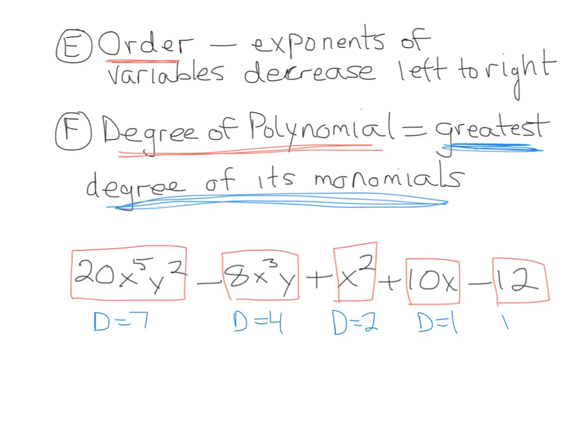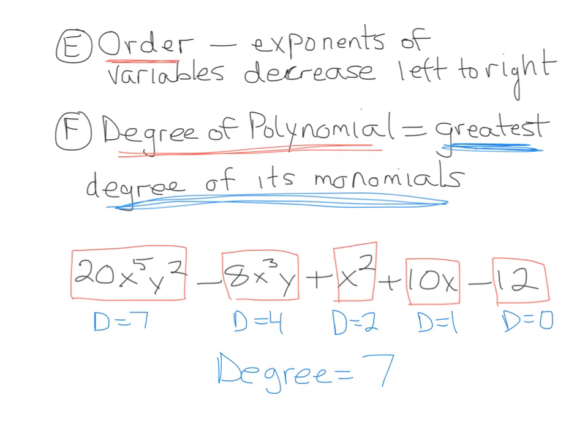And the fifth monomial has a degree of 0. The degree of the whole polynomial is 7. Why did I pick 7? Because 7 is the highest monomial degree. It's the greatest degree of the monomials.